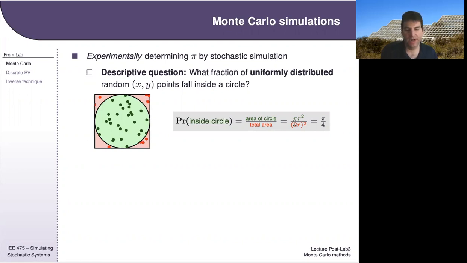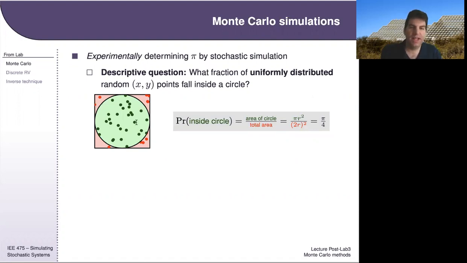If the square has a total length on its leg of 2r, then its area is (2r) squared. And we know that the formula for the area of a circle is pi r squared. It is that formula for area that gives us access to pi through randomness.